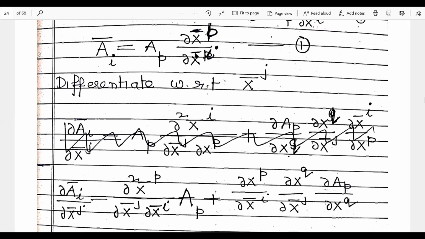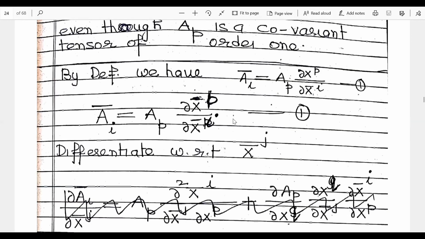Now this is a derivative of a product. First we differentiate this term, which gives ∂²xp over ∂x bar j ∂x bar i, with Ap as it is.